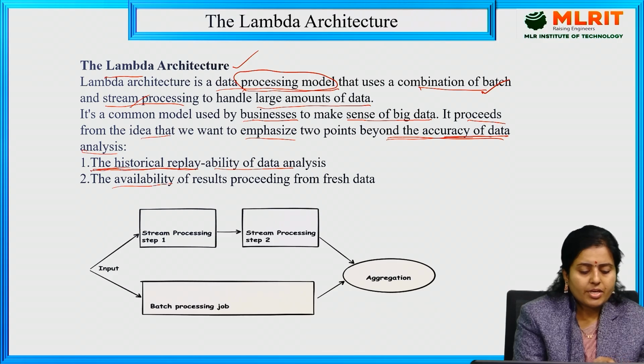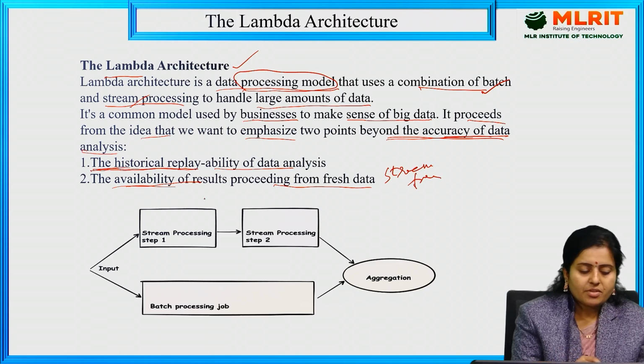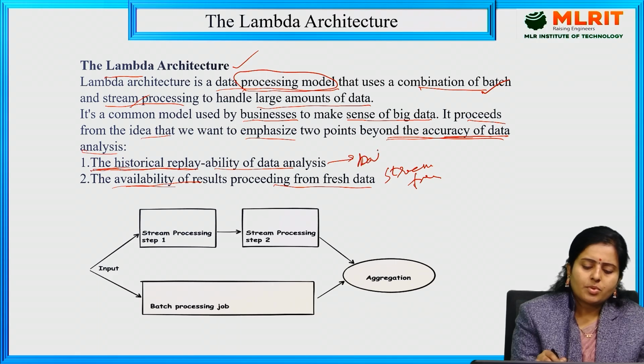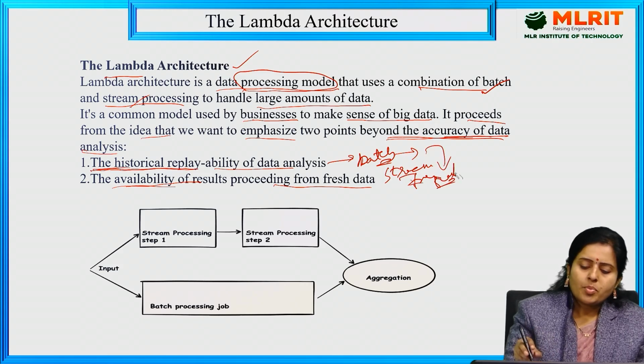Next, the availability of results proceeding from fresh data. As a part of stream processing, we work with the fresh data. Analyzing historical data using batch processing has to work in parallel with the processing of fresh data which is added to the processing model.